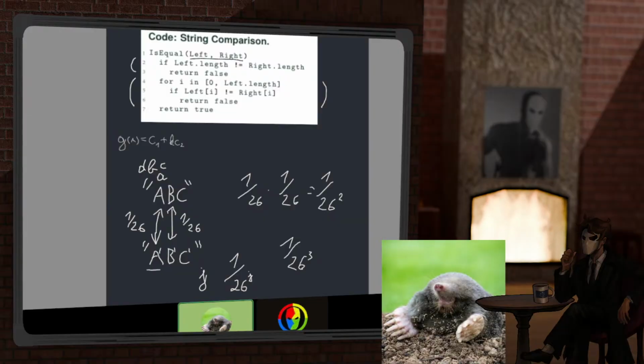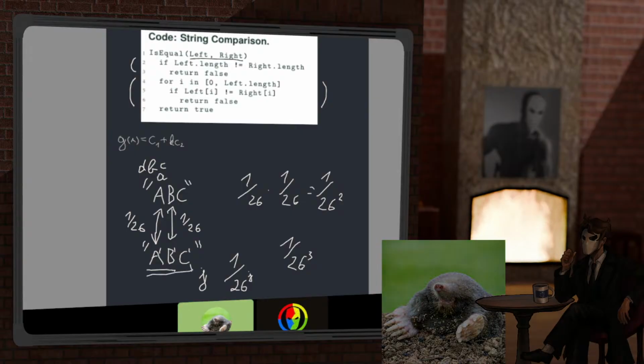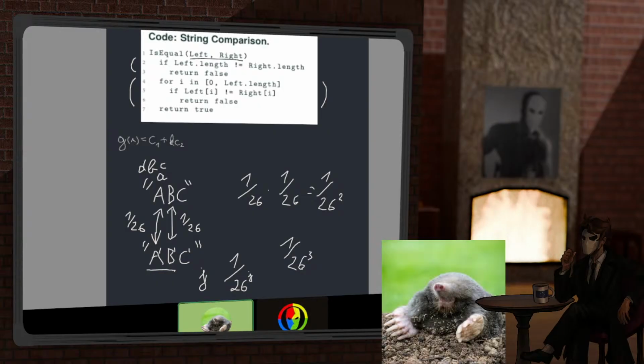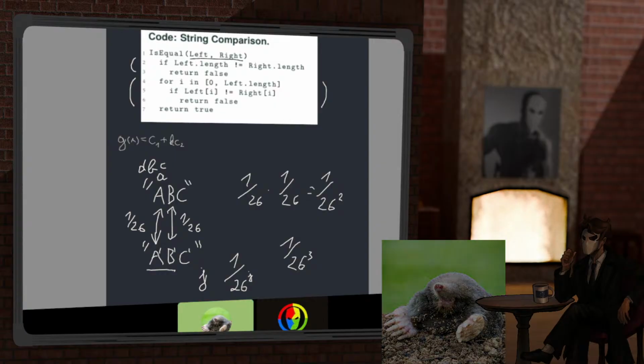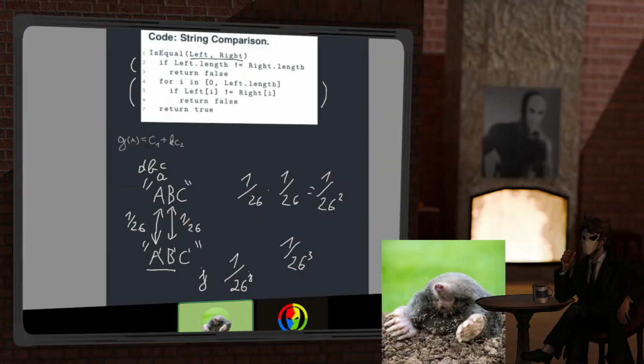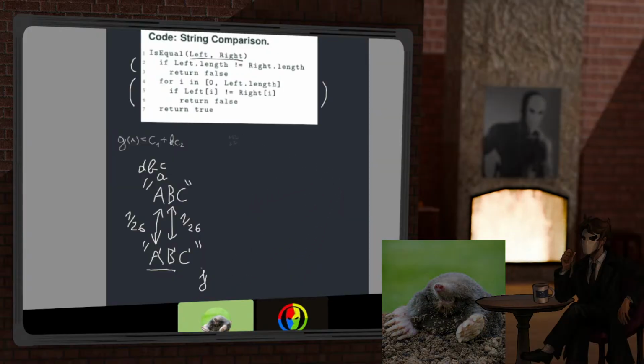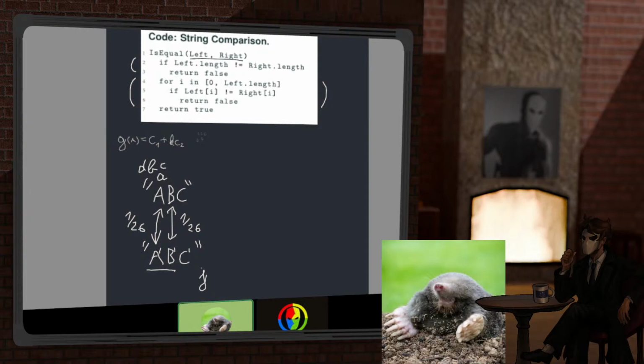To do so, we can simply take the probability that at least these 2 are equal and remove the probability that these 3 are equal. So, for example, we had 1 in 26 squared chance that both characters are the same, and we remove the probability that 3 of them are the same.